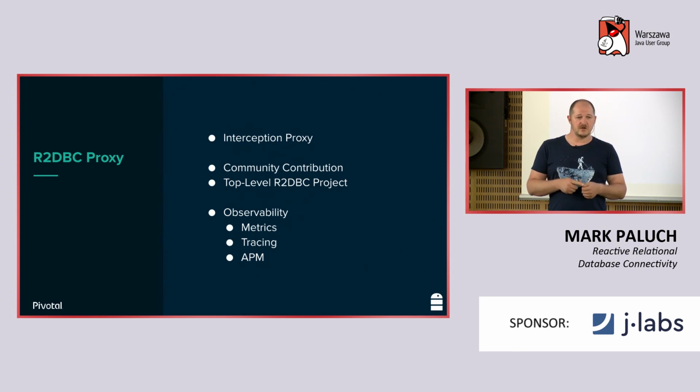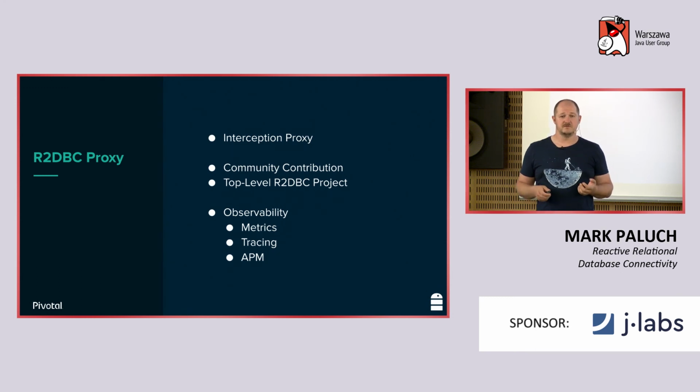It notifies you how long it took to process and receive a particular row. So we can pull out of R2DBC proxy and its mechanism to augment connection factories a lot of data that we can then push into Micrometer, Zipkin, OpenTracing, Prometheus, or if you're an APM vendor, then you can build on top of R2DBC proxy. So this is our way how we want to provide observability features for R2DBC itself.